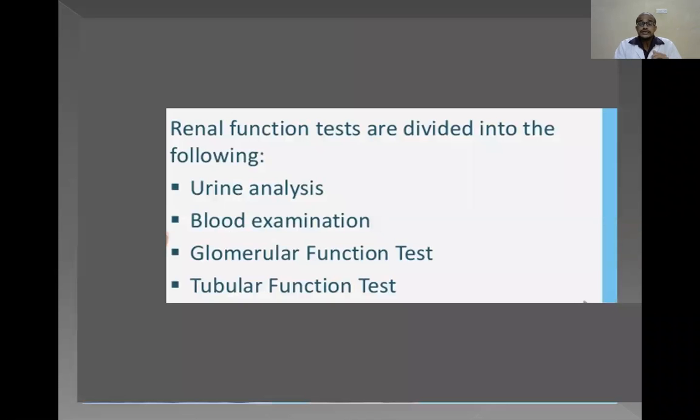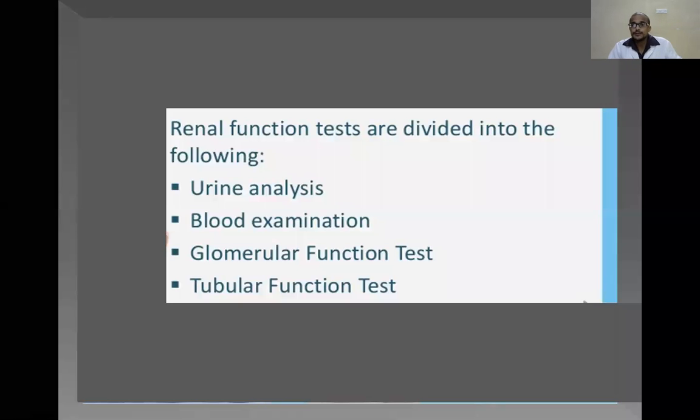And coming to the function tests of the kidney, to assess the functioning of the kidney, it can be divided into urine analysis, blood examination, glomerular function, and tubular function. The glomerular function is nothing but filtration, and the tubular function is nothing but reabsorption.